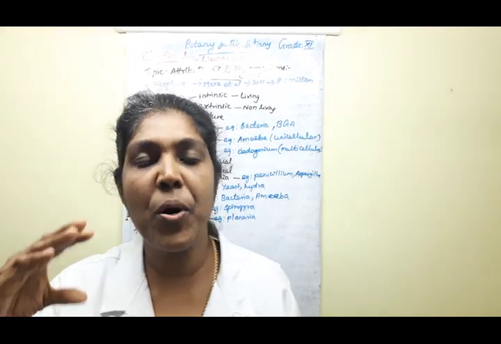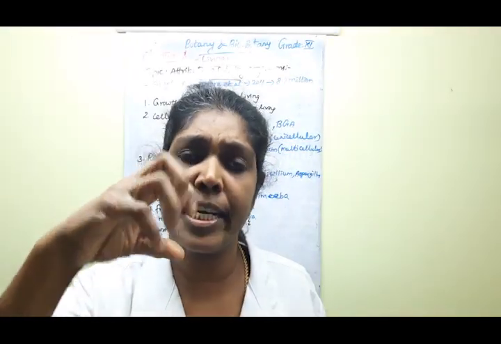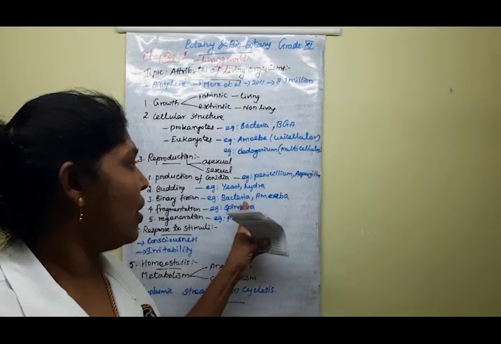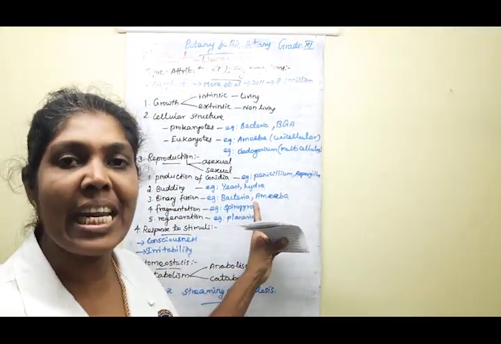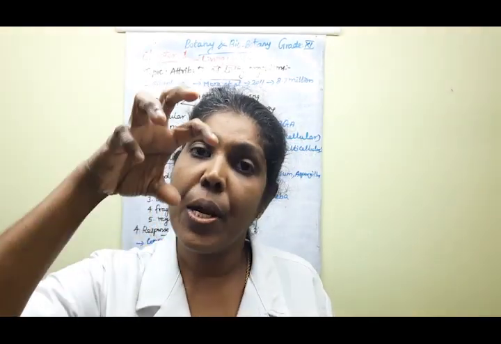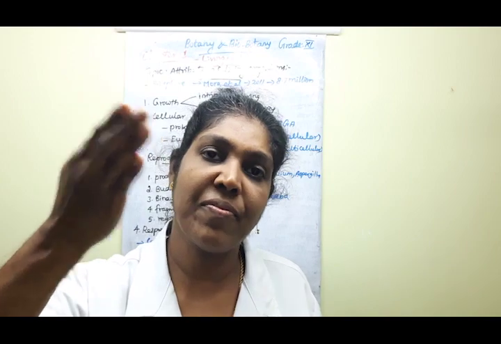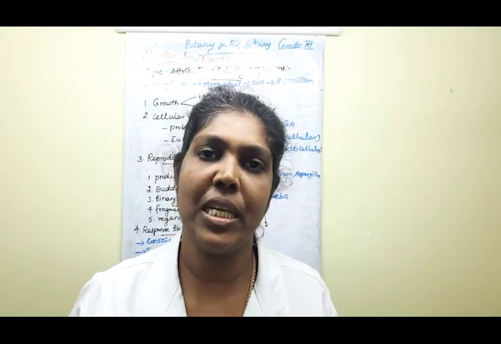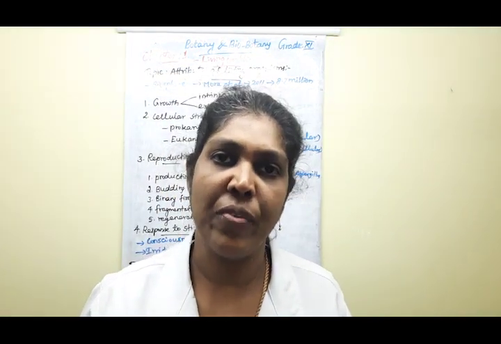Binary fission mostly takes place in bacterial cells and amoeba. First the nuclear region divides. After that, the cell along with it divides into two. That is known as binary fission.